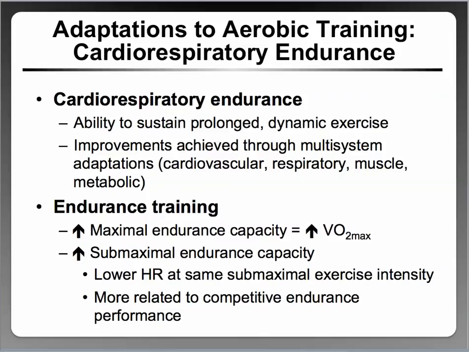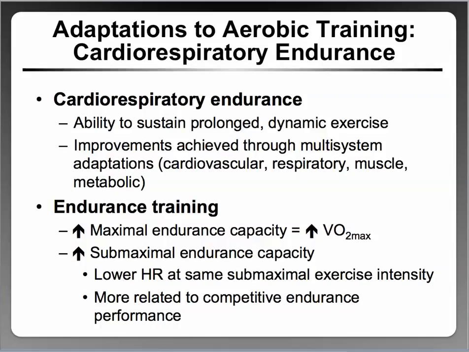So we'll start off talking about aerobic training, and we need to define cardiorespiratory endurance. And you can see there it's the ability to sustain prolonged dynamic exercise. And in general, this requires repetitive muscle action, usually from larger muscle groups.